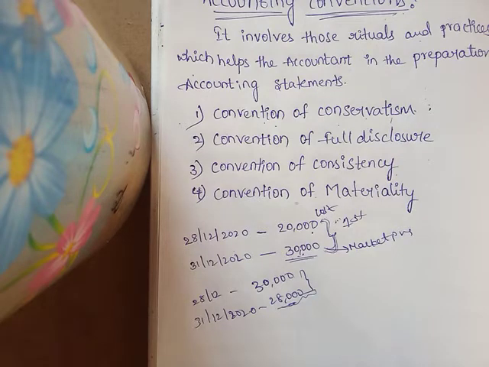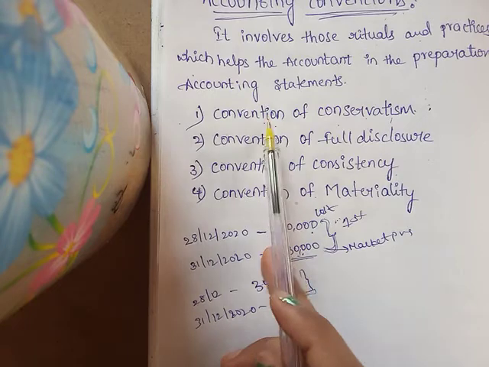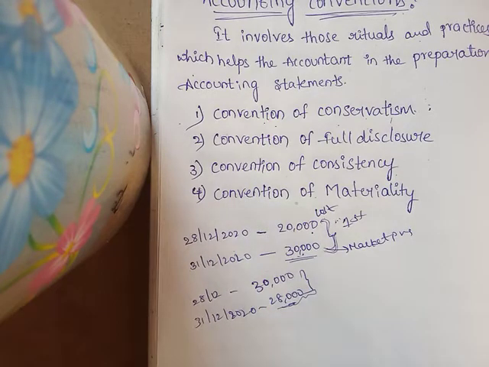Okay, so the main effect of this convention is that it does not show the true financial position of the company, showing lower net income and understated assets and liabilities.